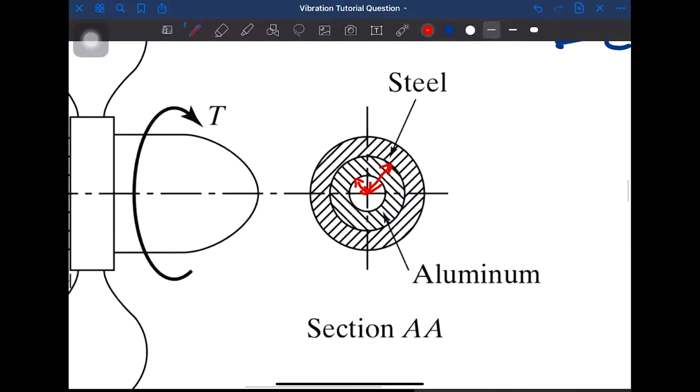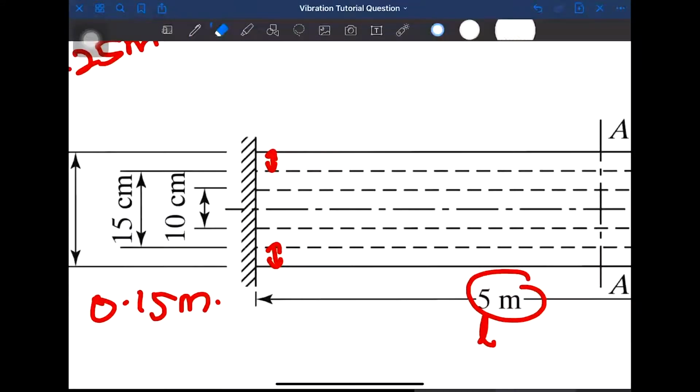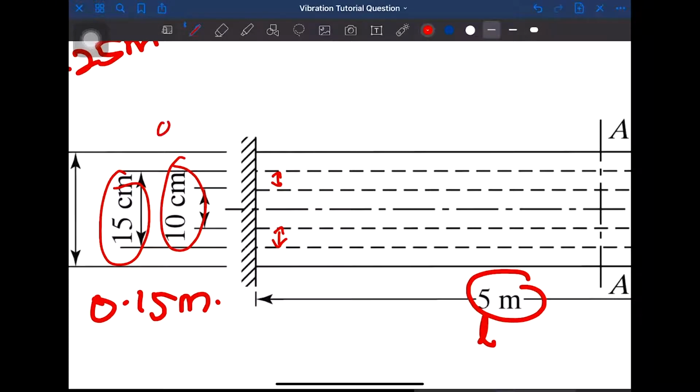Which means the big diameter for aluminium is 15 cm, 0.15 meter, and the small diameter for aluminium is 10 cm, 0.1 meter.